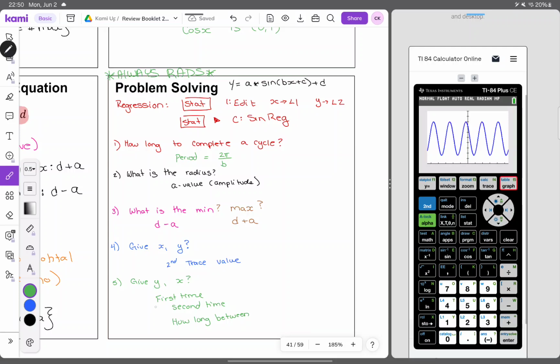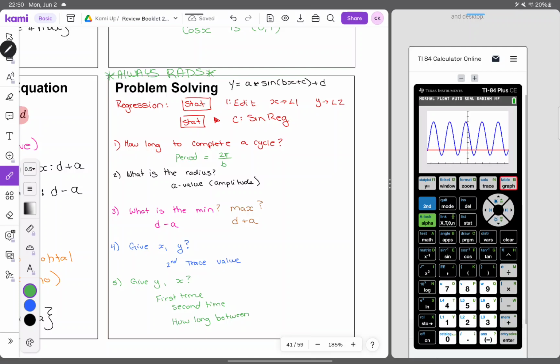So when we're given a Y, the reason they can ask the first time, the second time, or how long between. So maybe I want to know when my Y equals 2.6. Well, look at how many times it intersects. This is why they have to specify what X value they're looking for. Are they looking for this X value here, this first one?